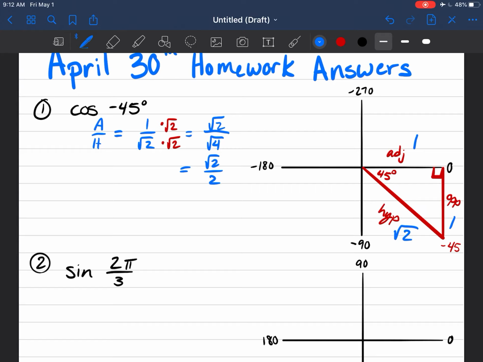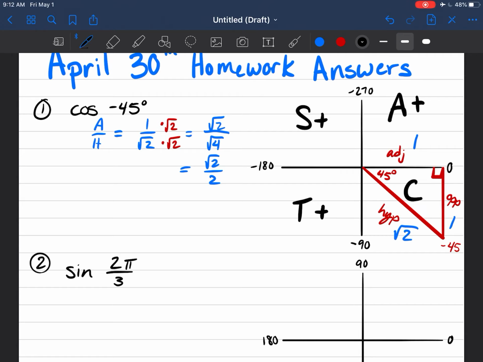Now we just need to figure out whether this is going to be positive or negative. So that's where that acronym that I gave you, or that phrase, all students take classes, comes in, because that tells you which ones are positive in each quadrant. So in quadrant 1, all are positive. In quadrant 2, sine is positive.